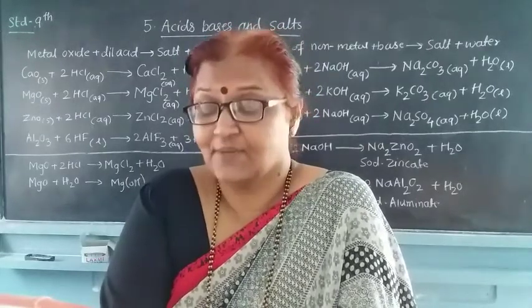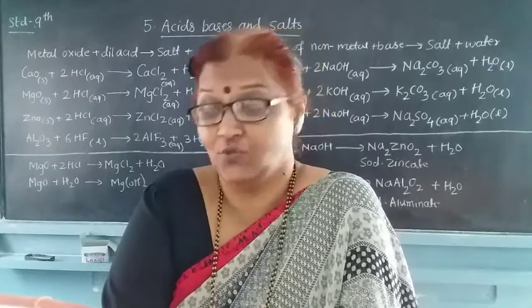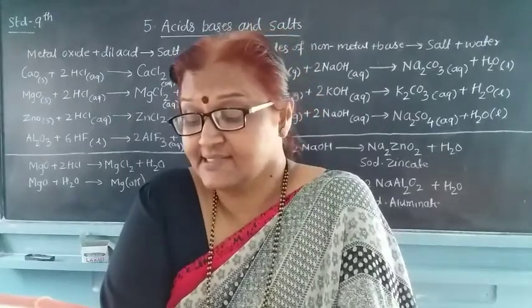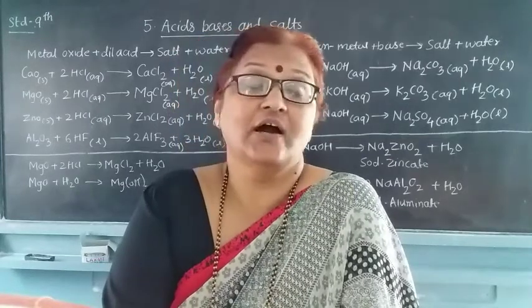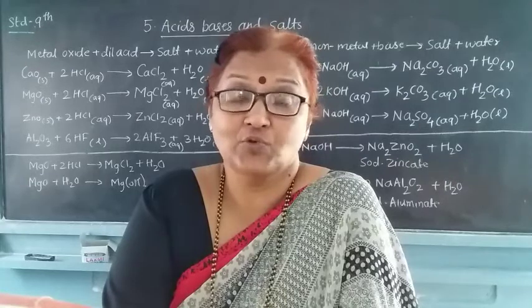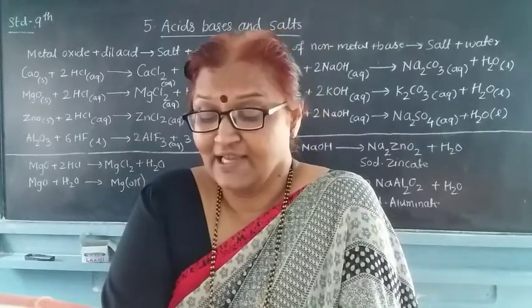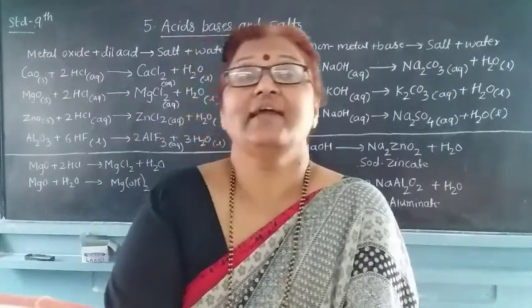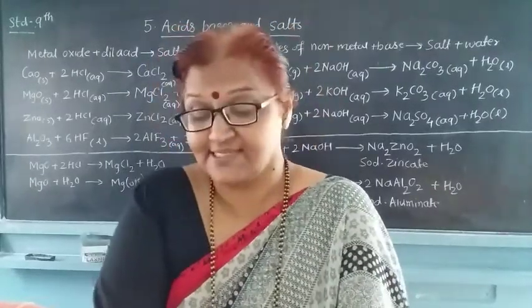There is production of a water soluble salt, which is ferric chloride. This gives a yellowish color to the water. Whenever you see a yellow color formed in the water, the following reaction can take place, or you can write the chemical change this way.